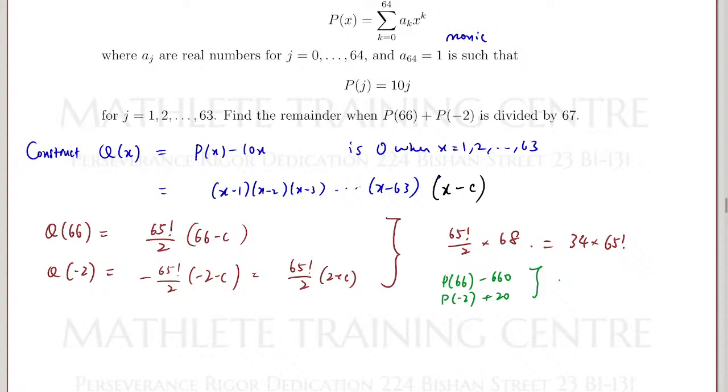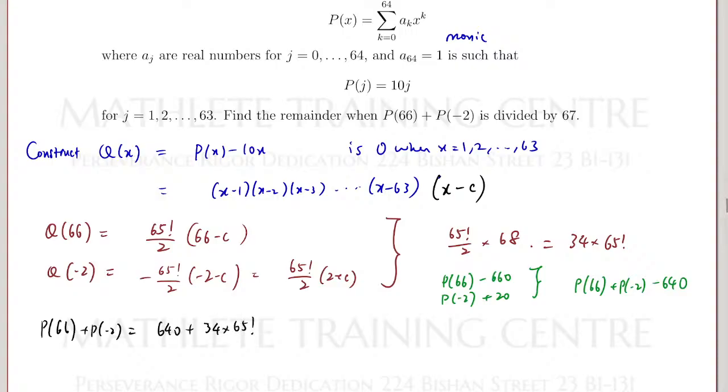So together, this is p of 66 plus p of negative 2 plus minus 640. So this guy is the same as this guy. Okay, so we can figure out that p of 66 plus p of negative 2 is equal to 640 plus this guy.